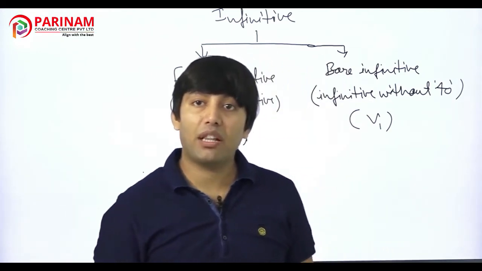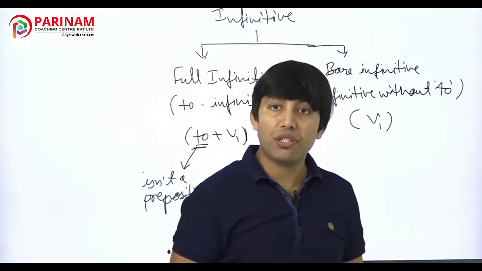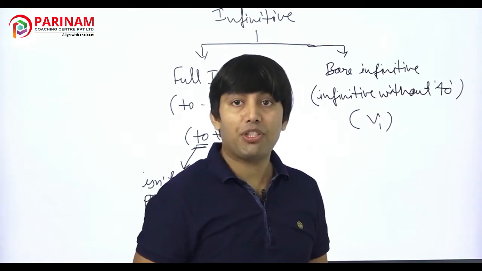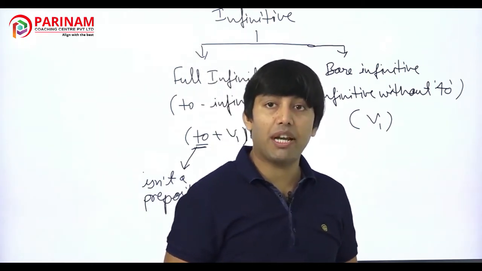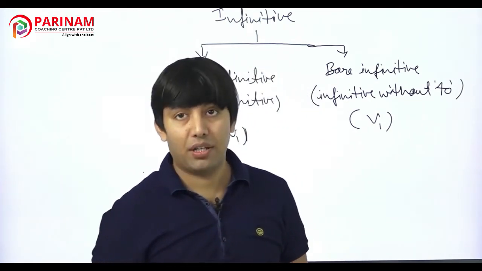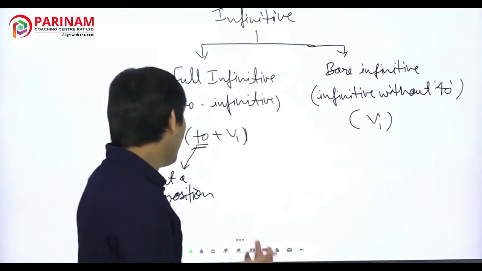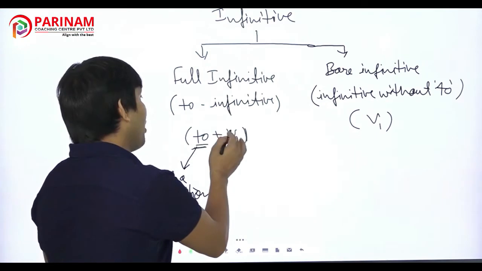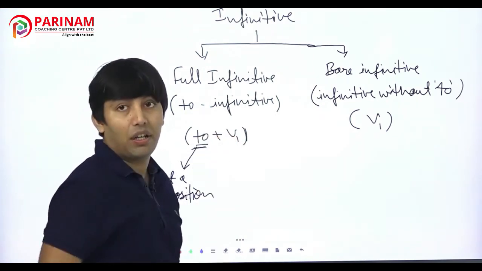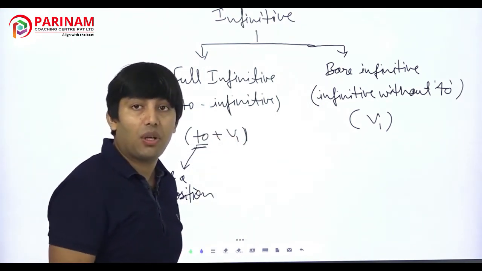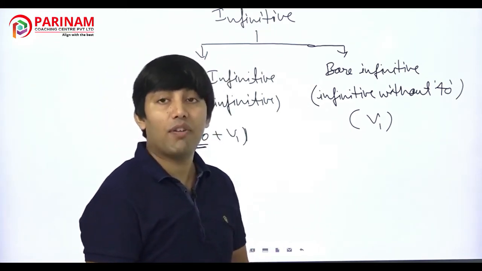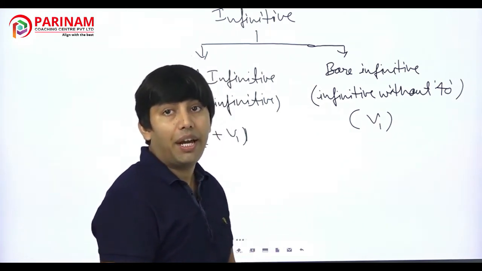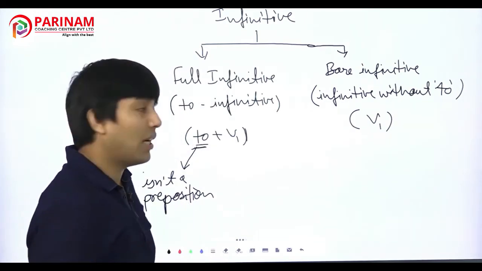Some of you must be thinking that we studied it in the prepositions chapter, then why is it not a preposition? Yes, this is not a preposition. When you study it as a preposition, its usage is different. If it were a preposition, we wouldn't have written V1, because after prepositions only nouns or pronouns can be written, no verb can be written. If a verb comes after a preposition, it is changed into gerund.